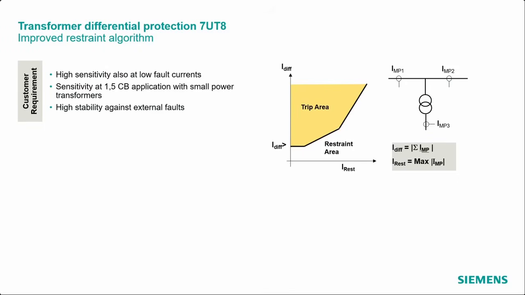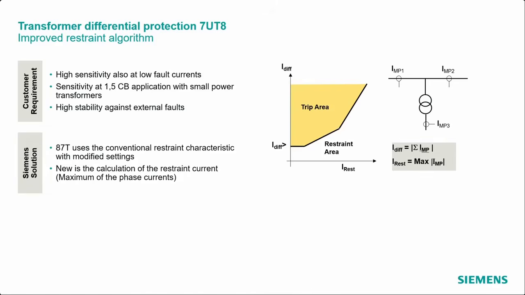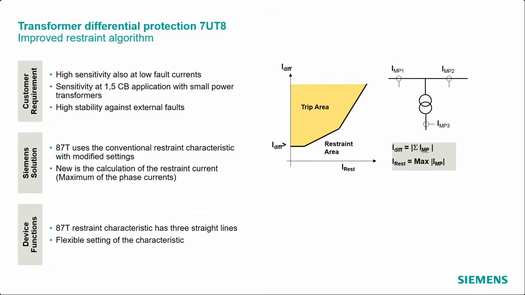And we have in the past with the existing restraint calculations from issue for an overstabilization. So we change now the philosophy of the calculation of the restraint current. As you can see there in the gray box, we changed only the equation.